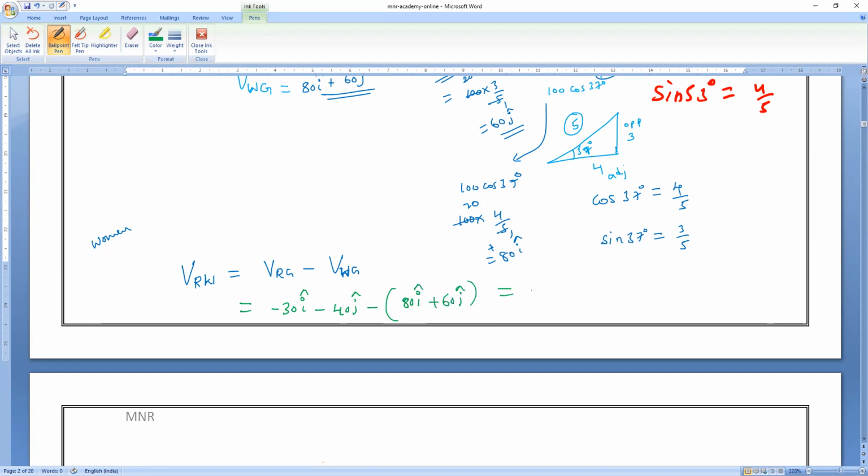So I'll write it as minus 30 I cap, minus 40 J cap, minus 80 I cap, minus 60 J cap. So the resultant is minus 30 minus 80, which is minus 110 I cap, minus 40 minus 60, minus 100 J cap.